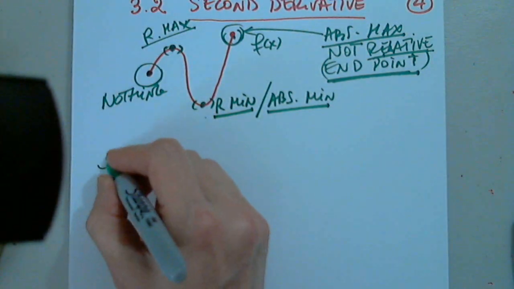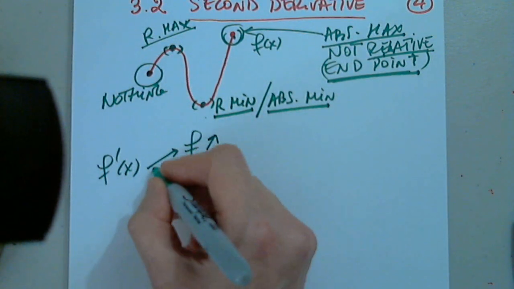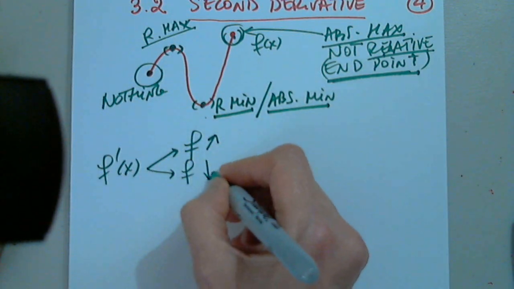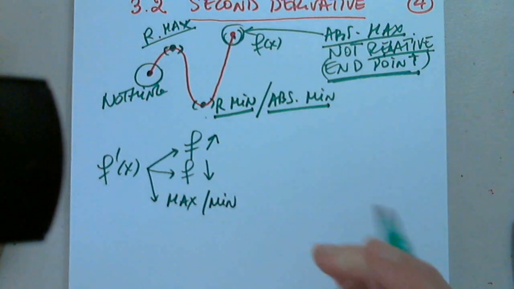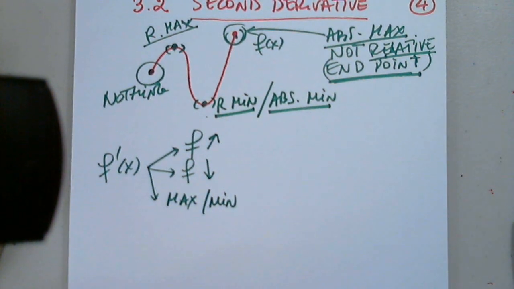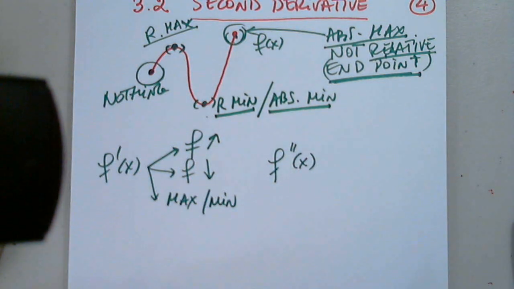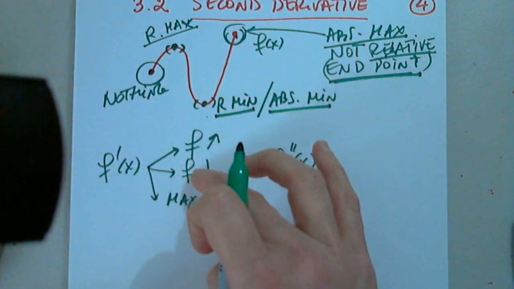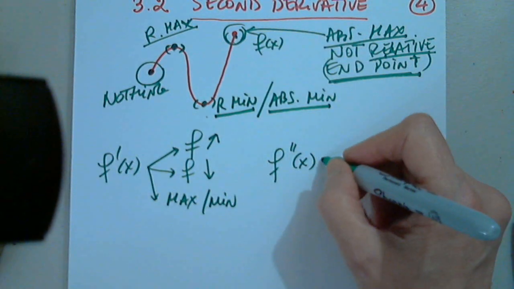So a refresher, f prime of x gives when f is increasing, gives when f is decreasing, and gives max, min. Wonderful. Now what about the second derivative of a function? The second derivative of the function gives us three different things as well. What does it say about the function itself?